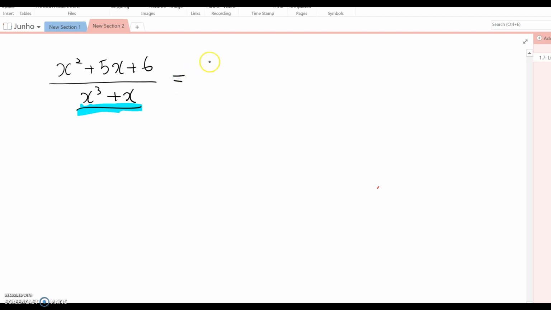Then this becomes x squared plus 5x plus 6 over x times (x squared plus 1), where the common factor is x. Since x squared plus 1 is not factorable, that's the complete factoring of this denominator.